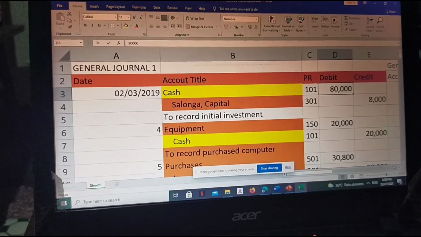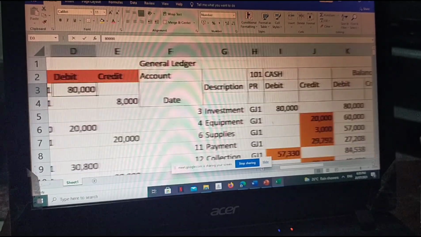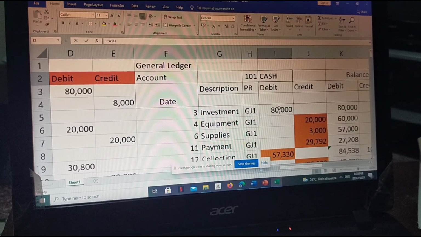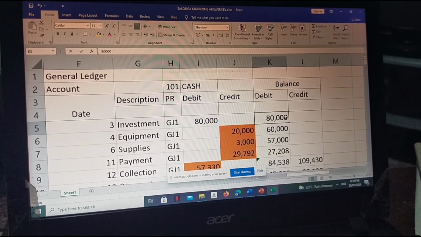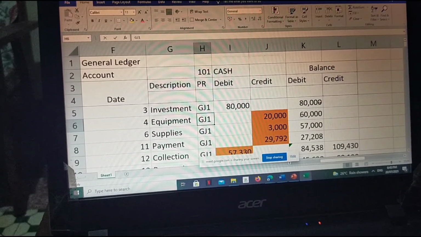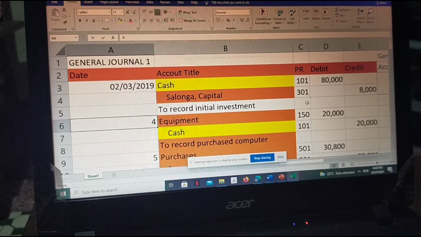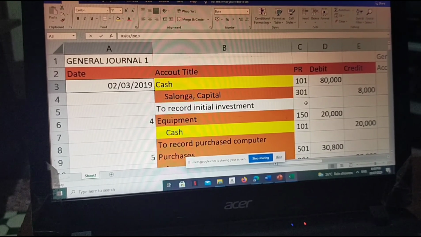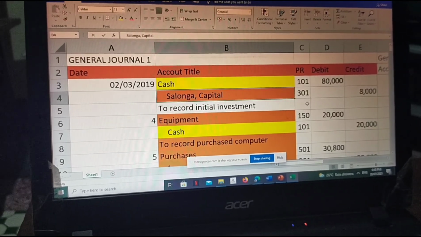Debit to cash of 80,000. Transfer it to your cash GL, 80,000 debit, and then forward it to the running balance debit also of 80,000 pesos. Another tip pala, if you can record per account. Ayan, no, katulad nito, cash.